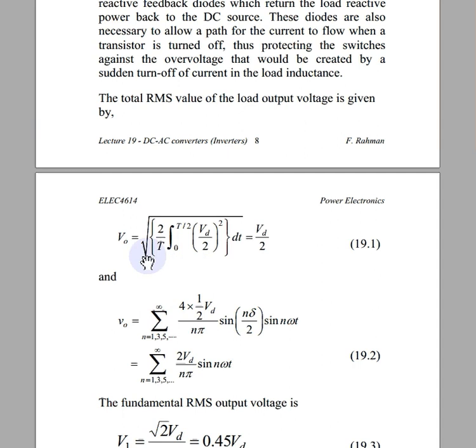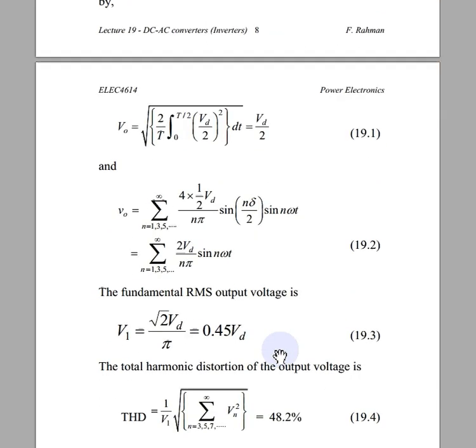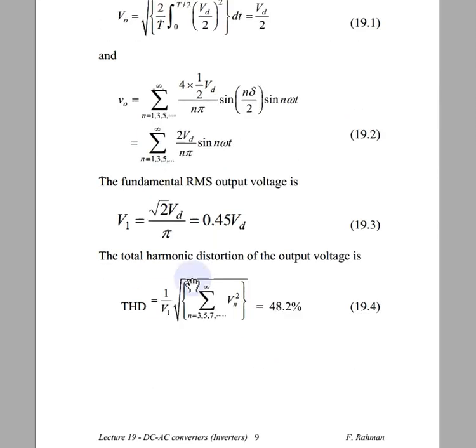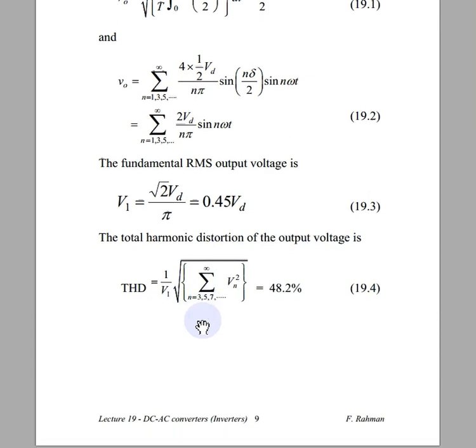Output voltage we can find out from this equation. From the Fourier series we can find out V0, which is a sum of terms 2VD sin n omega t. This is the fundamental RMS output voltage, V1, equal to 0.45 VD. Total harmonic distortion we can calculate from this formula.